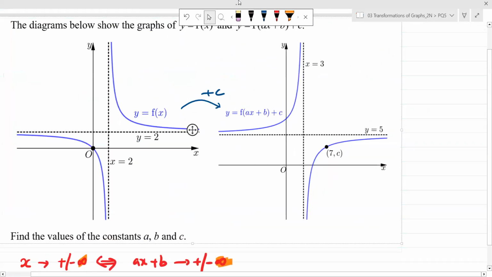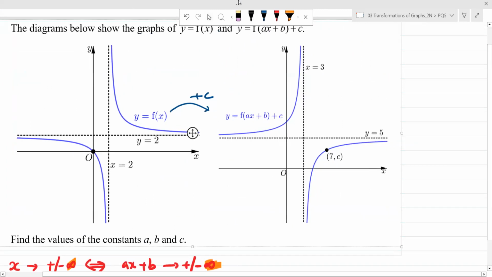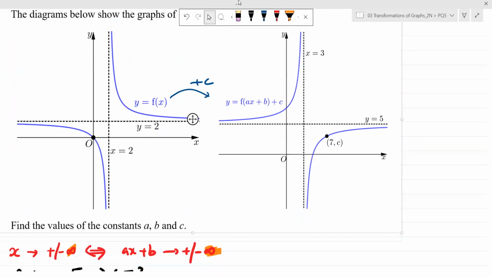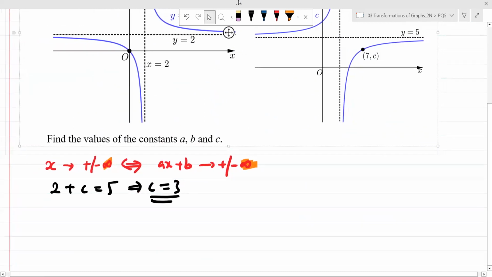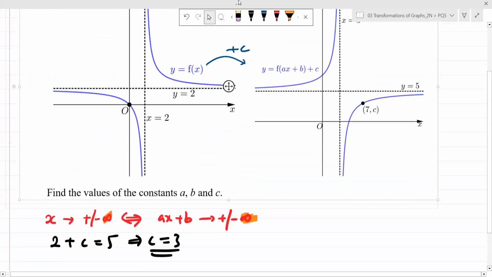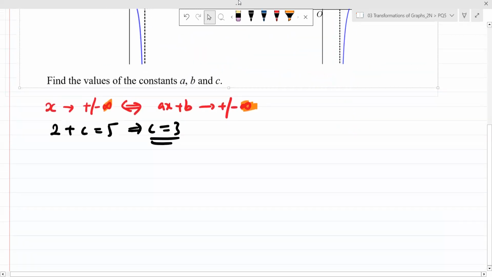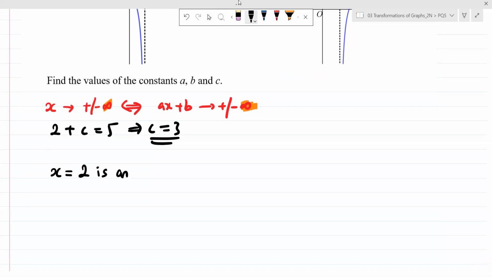Okay, next thing is the x equals 3, the vertical asymptotes. Let's look at the one on the left. x equals 2 is an asymptote for y equals f(x).